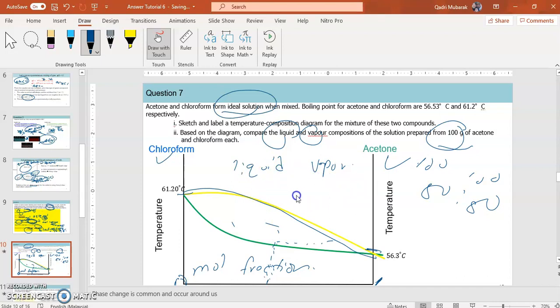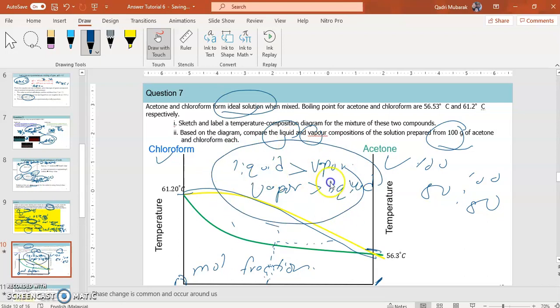Your answer will be either the liquid will be more than vapor, or the vapor will be more than liquid. So here is how you answer this question. You just need to determine from the graph whether the liquid composition is more than vapor, or the vapor composition is more than liquid. So I will leave it to you.